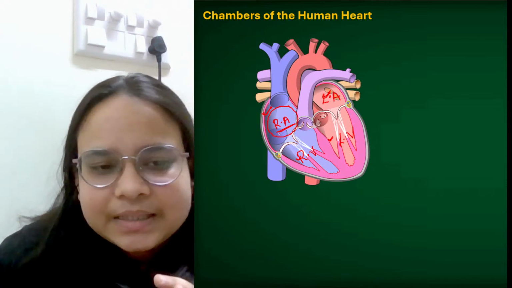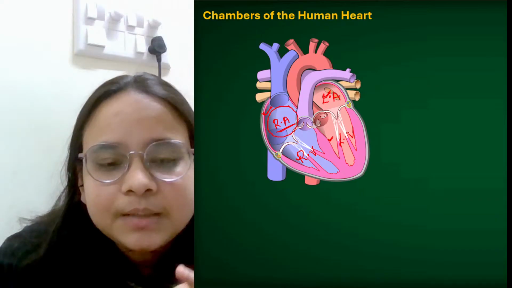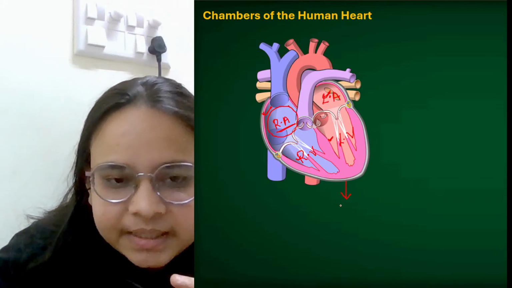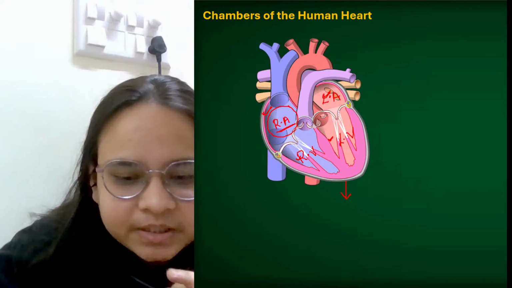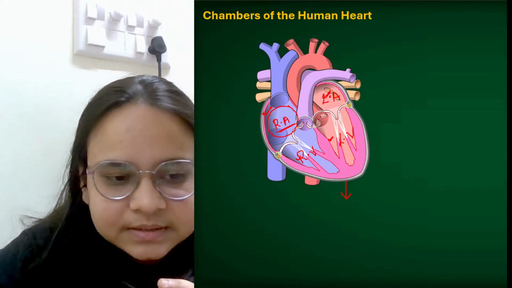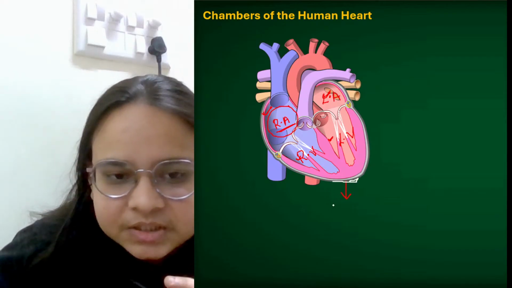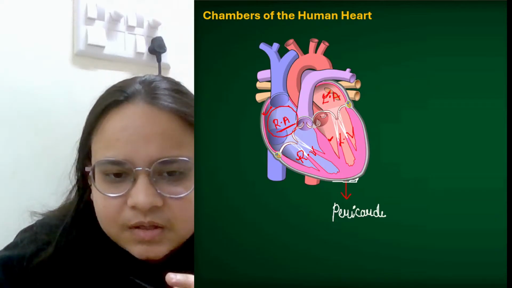Now the heart is covered by a double membrane covering, which we call the pericardium. If you look at the picture carefully, this outer membrane is the pericardium. Let's emphasize this word.